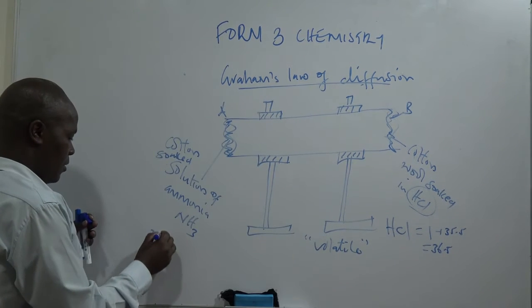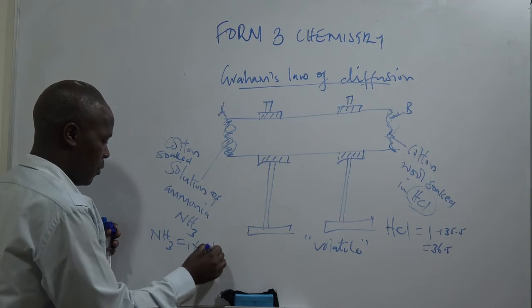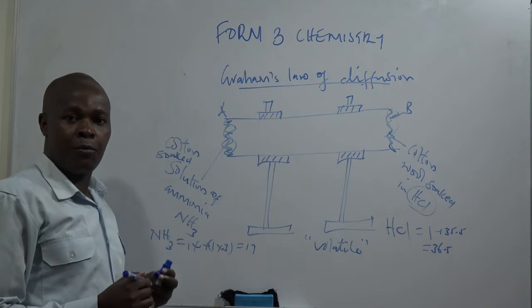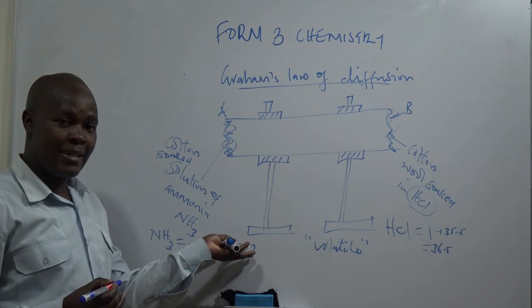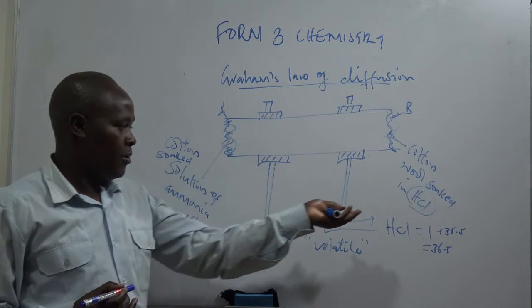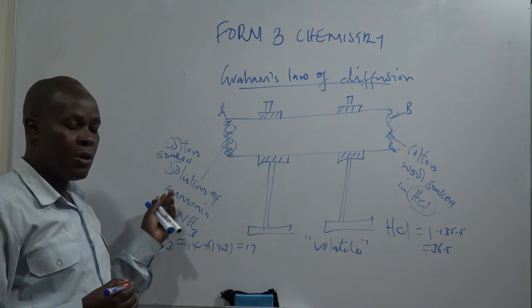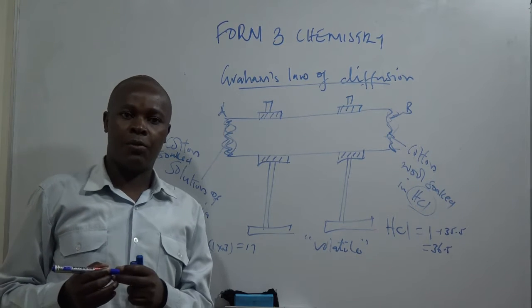The RAM of ammonia at this end is going to be 14 for nitrogen plus 1 times 3 for hydrogen, which gives us 17. Now, from our working, you realize that ammonia gas is lighter as compared to hydrogen chloride gas. As a result, the molecules of ammonia will move faster as compared to the molecules of hydrogen chloride gas.